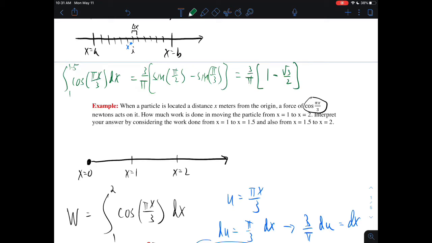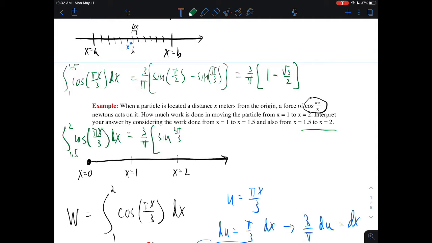So now, what do we get when we evaluate from 1.5 to 2? Well, 1.5 to 2 of cosine of pi x over 3 dx. That would be 3 over pi times sine of, as we already saw when x is equal to 2, the upper limit is 2 pi over 3.